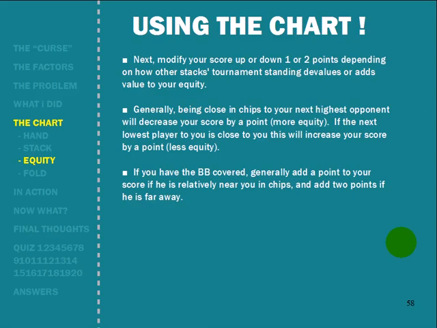Well, the reason is, if you have the big blind covered, his losing his amount of chips means more to him than it does to you if you were to lose his amount of chips, right? If he loses his amount of chips, he loses a certain amount. But if you lose the hand, you're going to have chips left over, right? So losing his amount of chips means more to him than it does to you losing the same amount of chips.